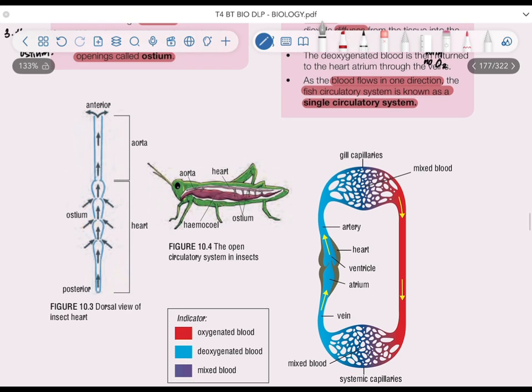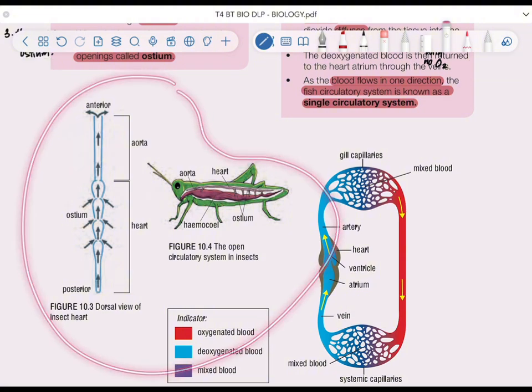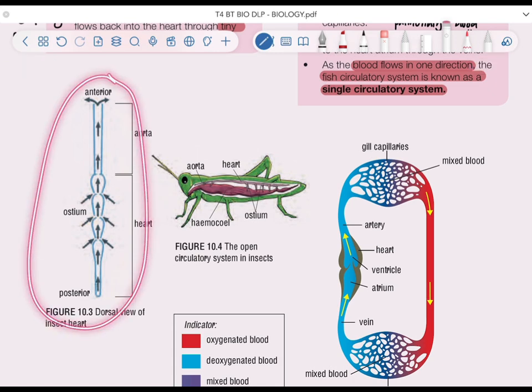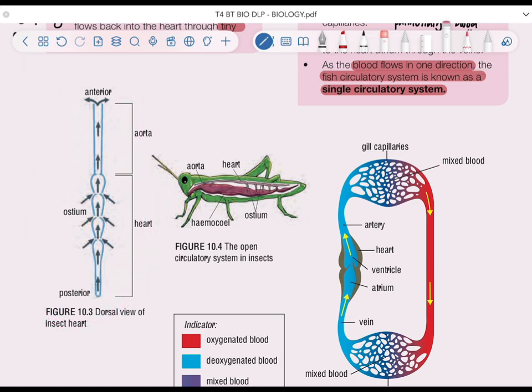The reason why the insect does not have blood vessels is that insects are usually small in body size, so they do not need blood vessels to help with transportation. The body is very small, so they can still use simple diffusion to allow the exchange of substances such as nutrients and waste with the body cells.